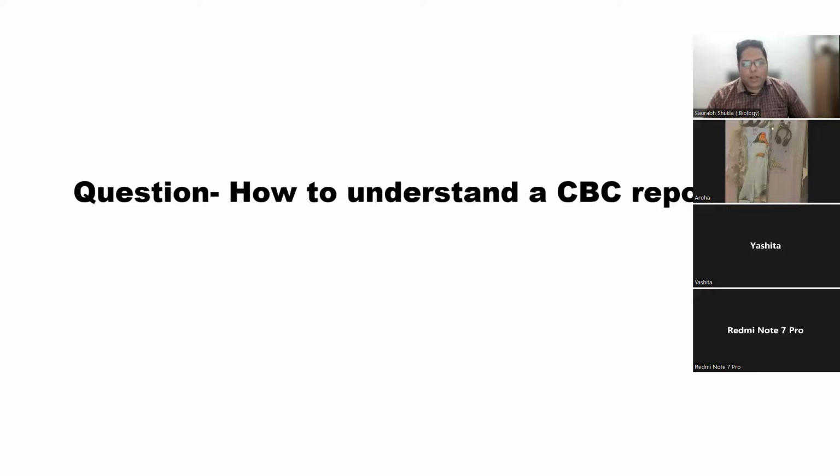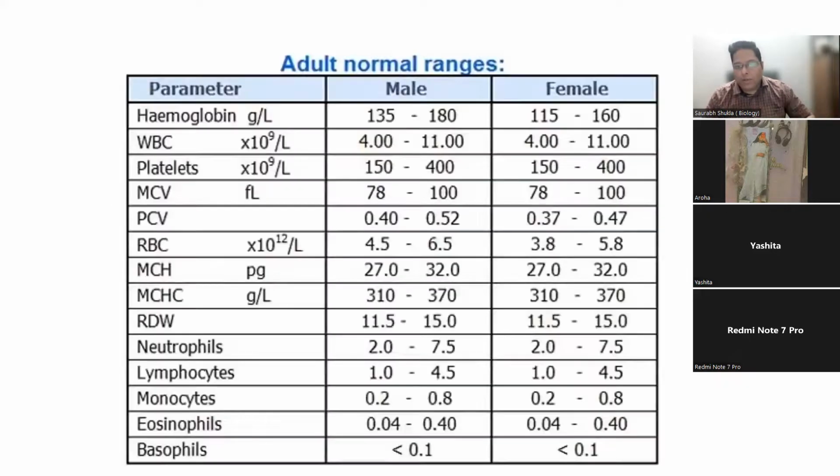So child, the question is, how to understand a CBC report? As Yashita and Arwa said, the number of components are available in this examination report, like the number of RBCs, WBCs, platelets, and types of WBCs also. Here I'm sharing the male and female CBC report.